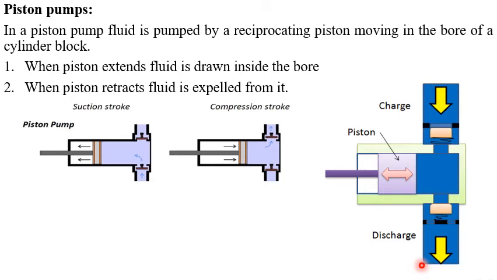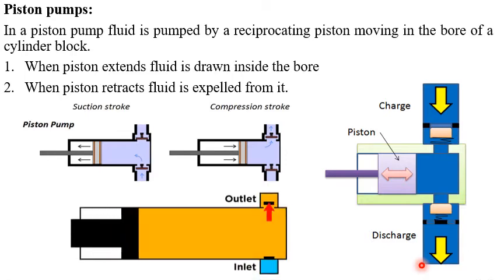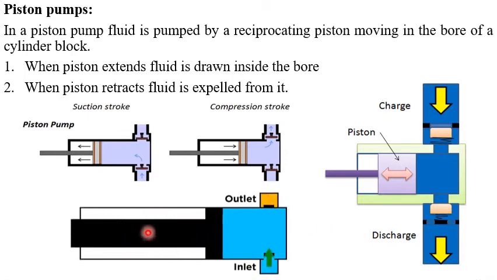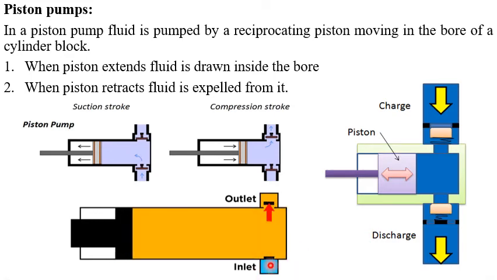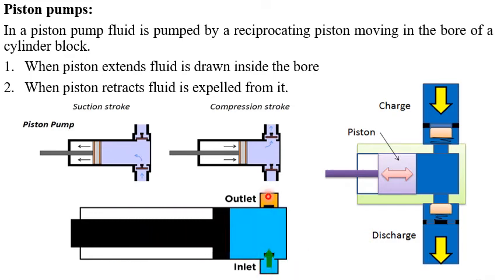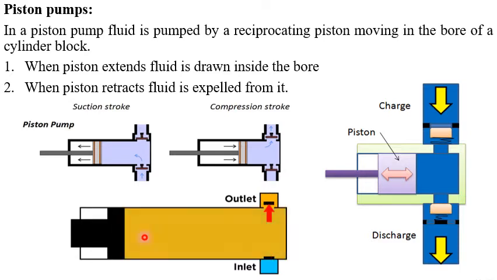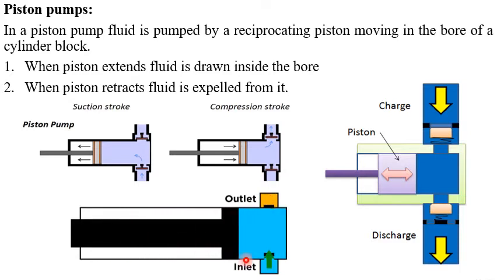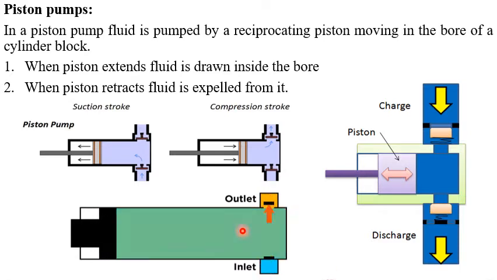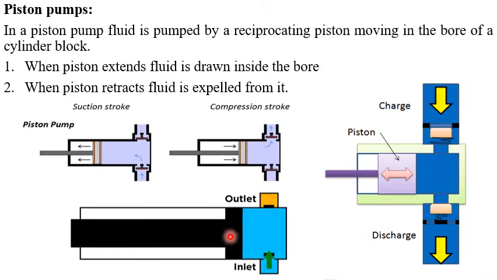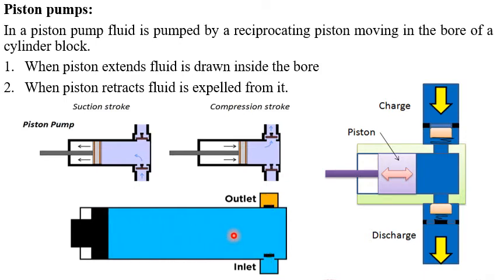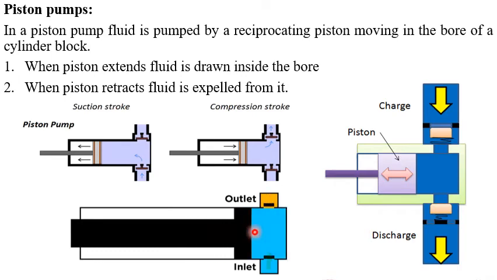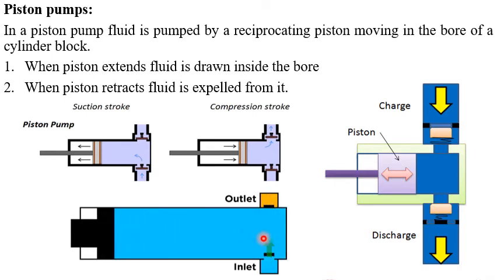Now see how the extension stroke and retraction stroke happen in a piston through one small working animation. Look at this. There is an inlet valve and an outlet valve. The piston is moving inward and outward. The sky blue colored liquid indicates low pressure liquid, and the yellow liquid indicates pressurized liquid.